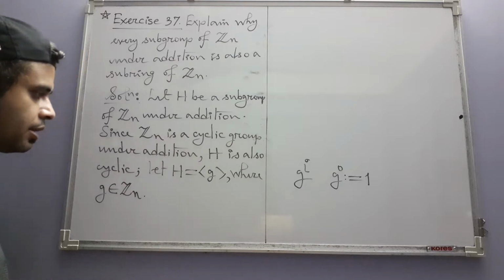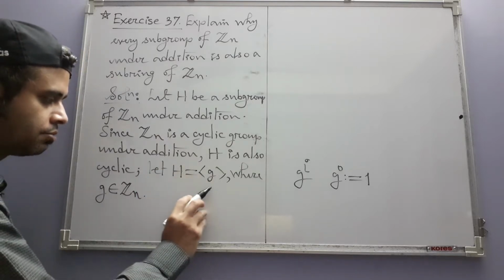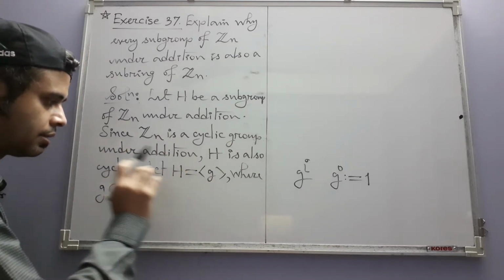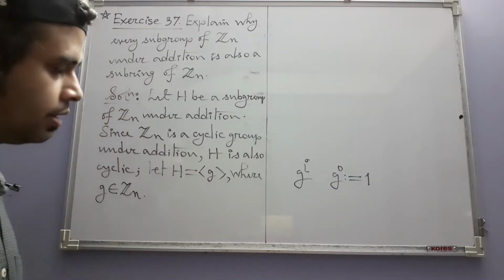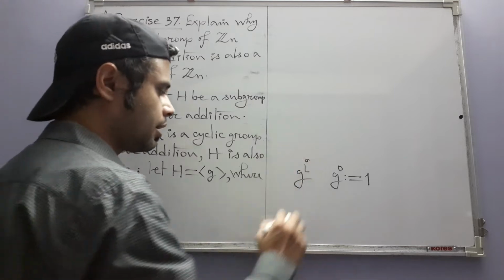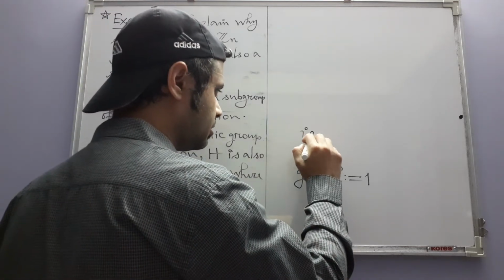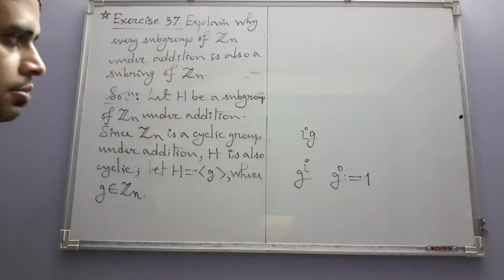But keep in mind that since the operation we have in this group and the subgroup is addition modulo n, this g^i is usually written as ig.